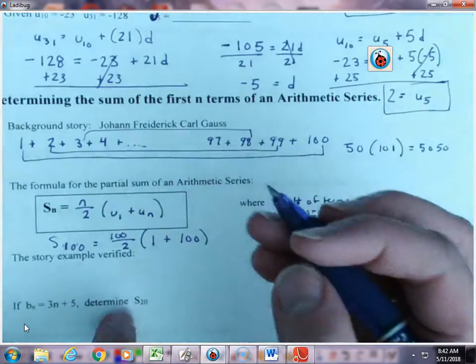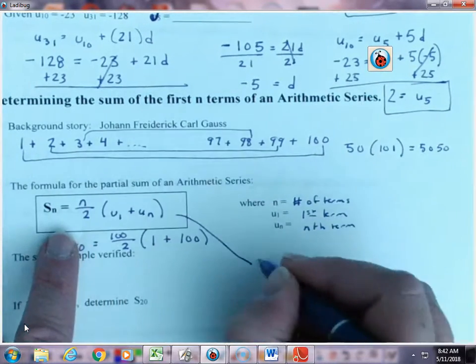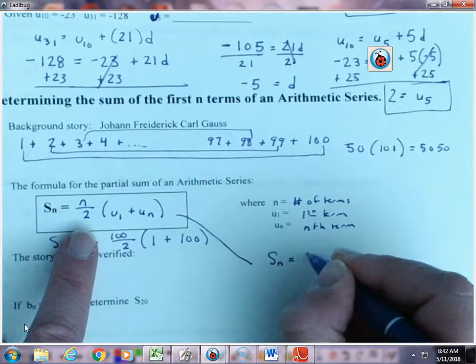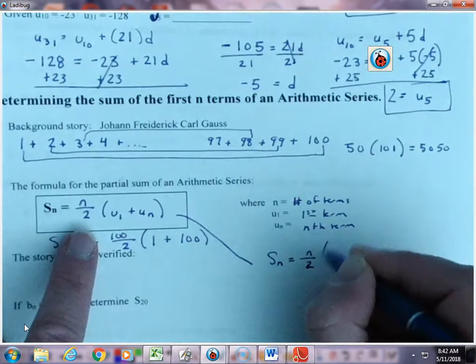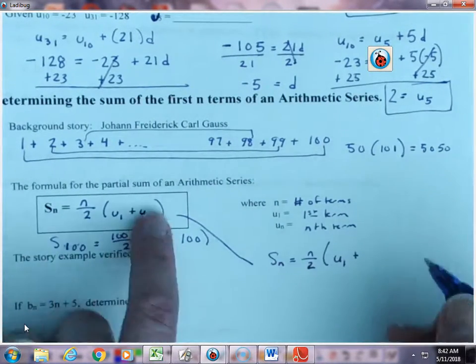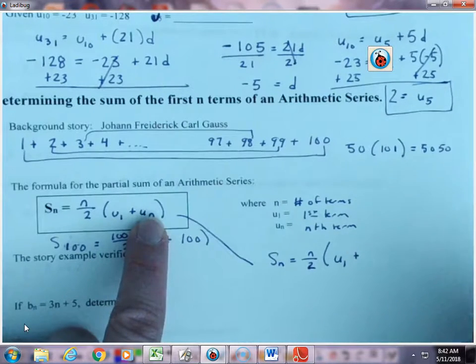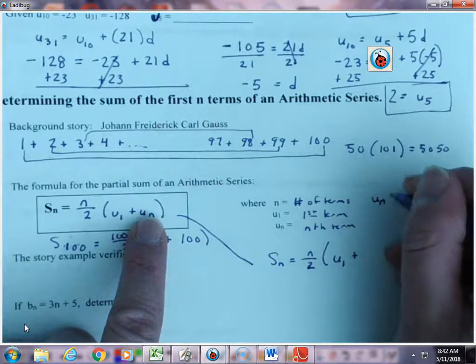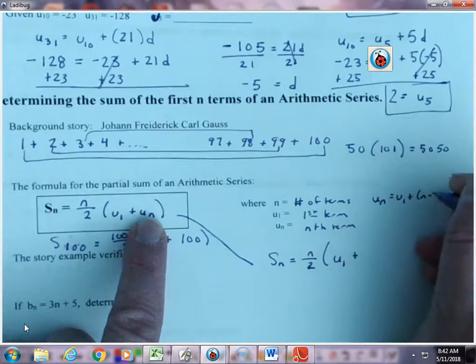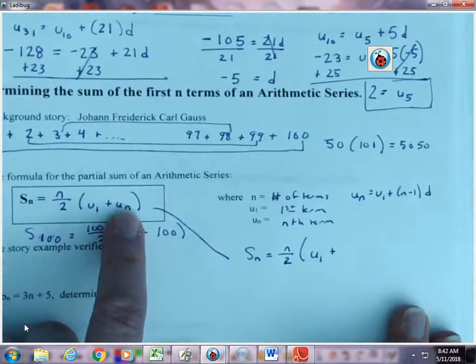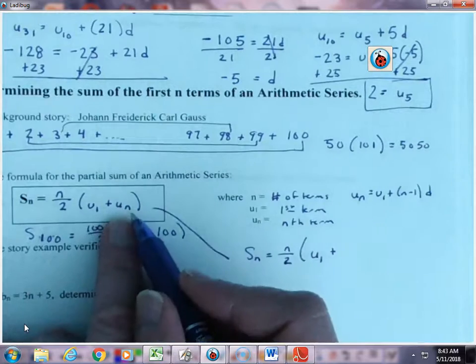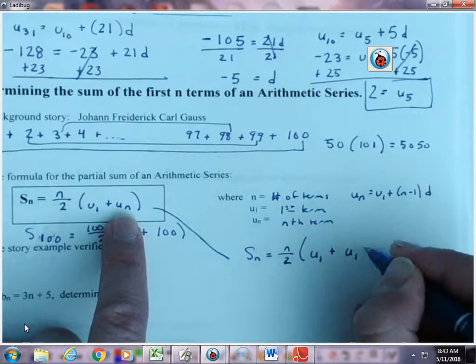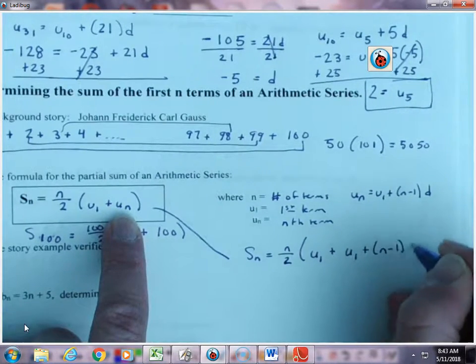Okay, but what you can do is you can substitute in. So if you don't know the last term, you can substitute in the formula we had for u sub n. And the formula we had for u sub n was u sub 1 plus (n minus 1)d. So instead of u sub n, you can put in u sub 1 plus (n minus 1)d.